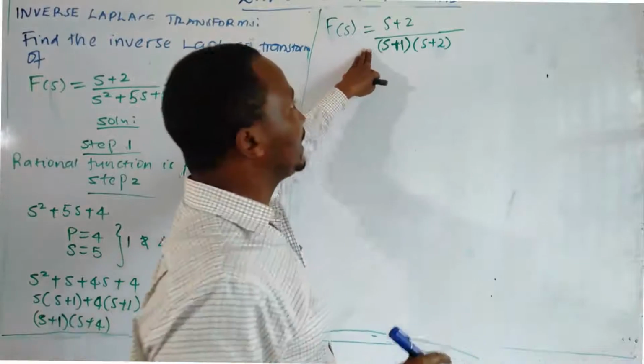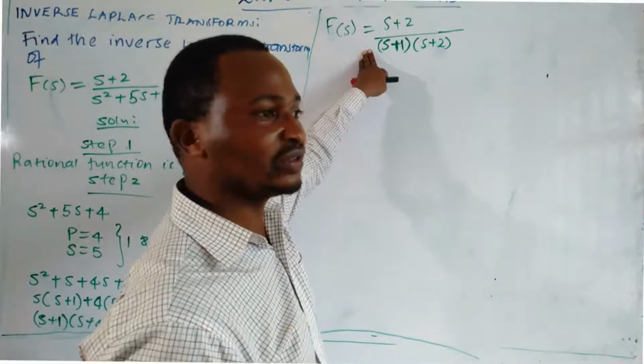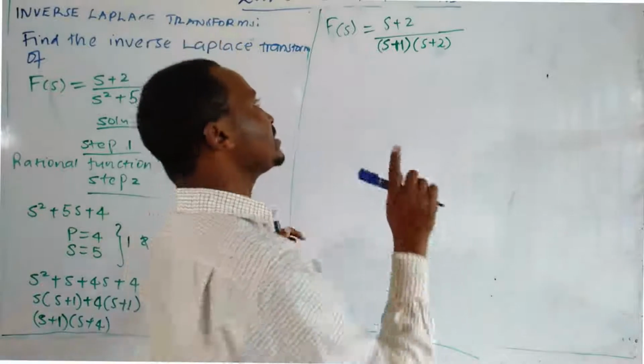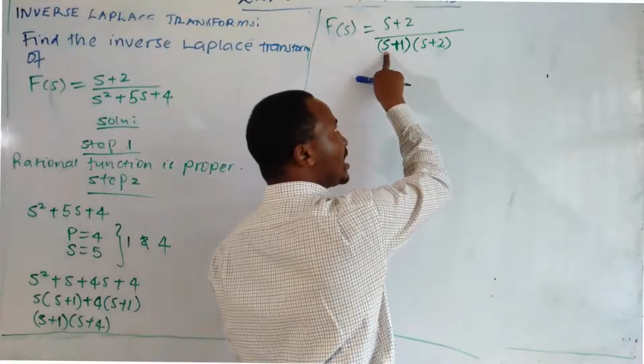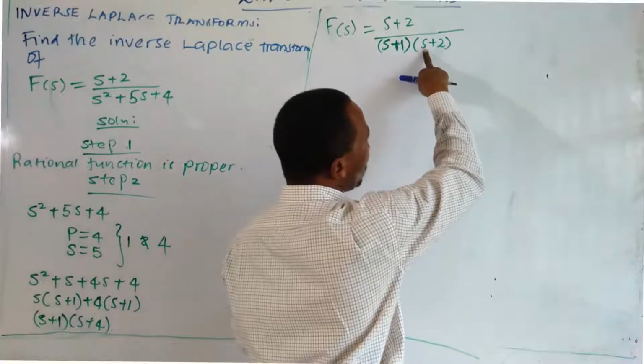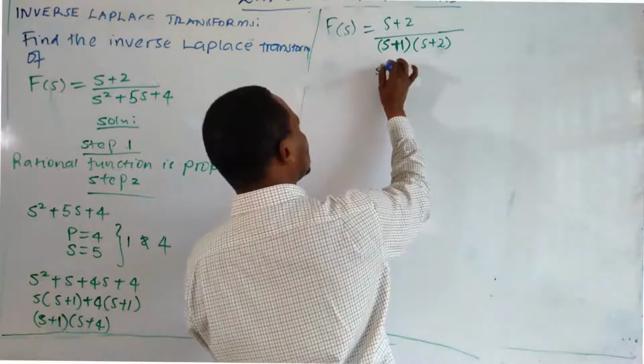We have already factorized, so we can identify the type of factors. This is s to the power 1, it is linear. Here is s to the power 1, it is linear.